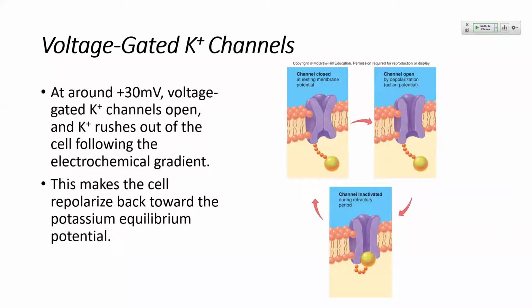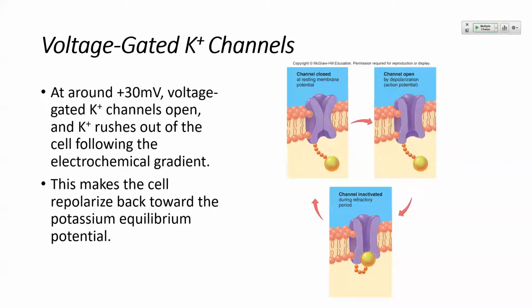Okay, so that was the sodium channel, a little bit more complex. The potassium gated channel is a little bit simpler because there's only one gate on this channel. And at around +30 millivolts, that is the voltage sensitive level, or the membrane potential at which this potassium channel will open.